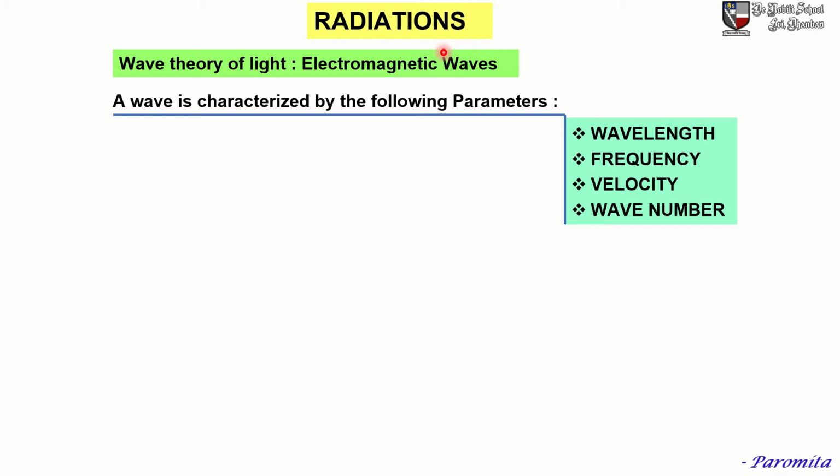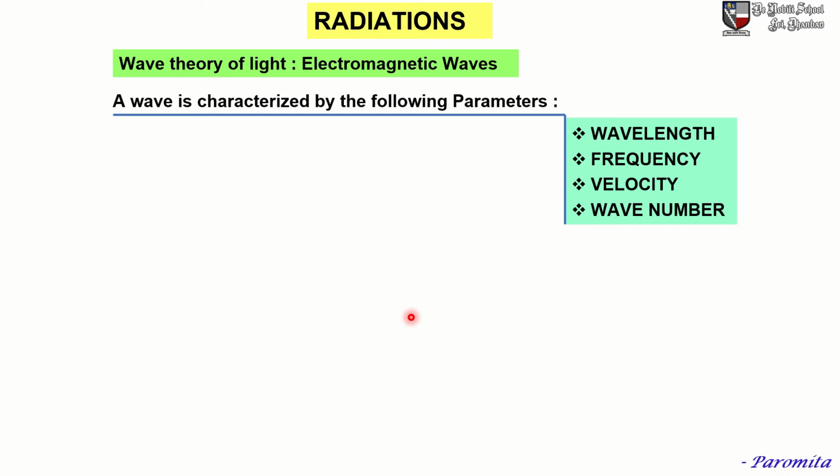Secondly, the electromagnetic waves are associated with electric and magnetic waves directed at right angles to each other and also perpendicular to the direction of propagation of the wave. Thirdly, all electromagnetic waves travel with the same velocity, which is equal to the velocity of light. The fourth point is that electromagnetic waves do not require any medium for their transmission or propagation.